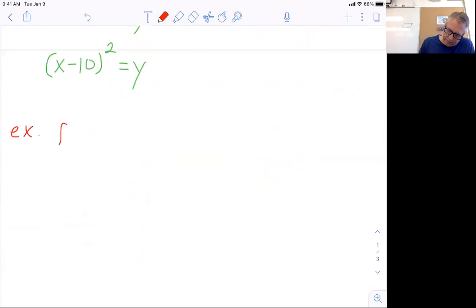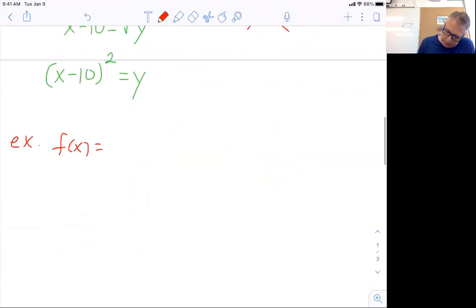All right, let's say f of x is x to the 7th minus 6 over 9. And we want to find its inverse.